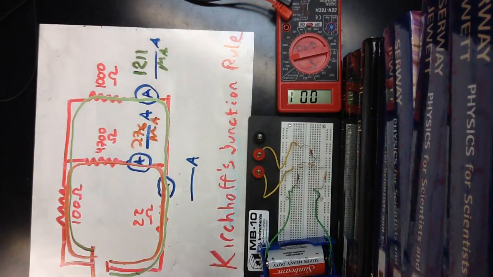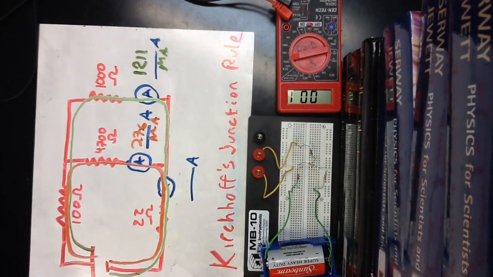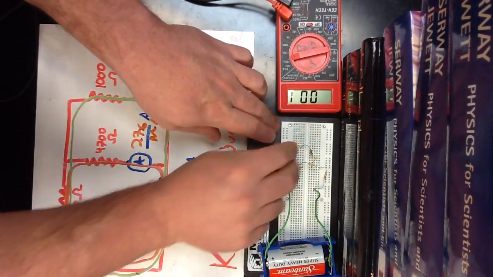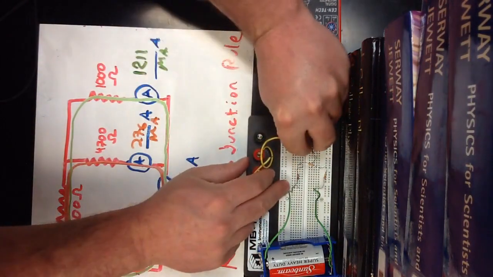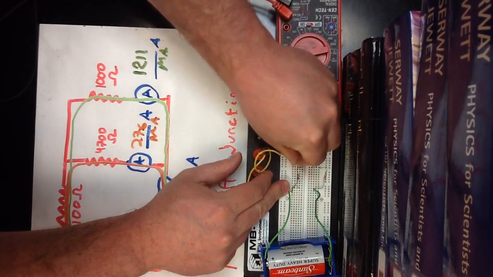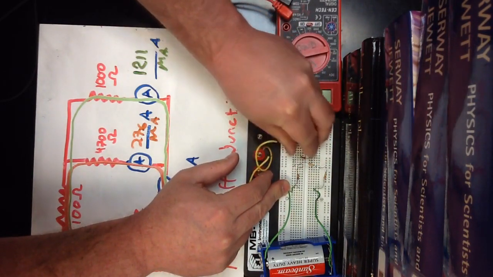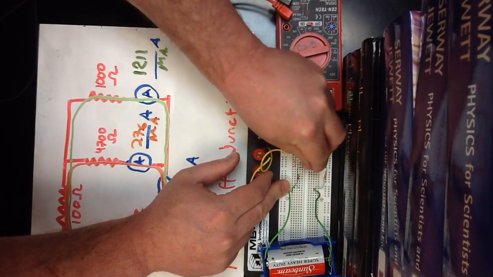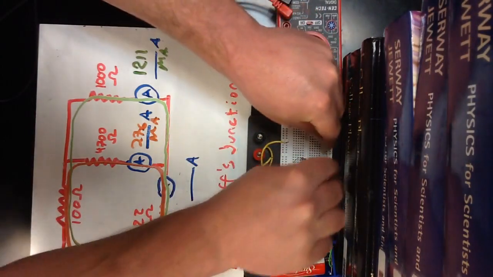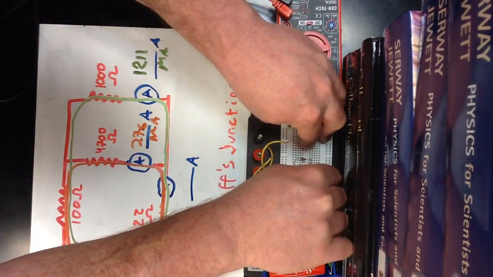So now all that remains is to get the current through the bottom here and through the 22 ohm resistor. So we'll put the 1000 back together. Make sure everybody's seated well. We'll pull off the 22.